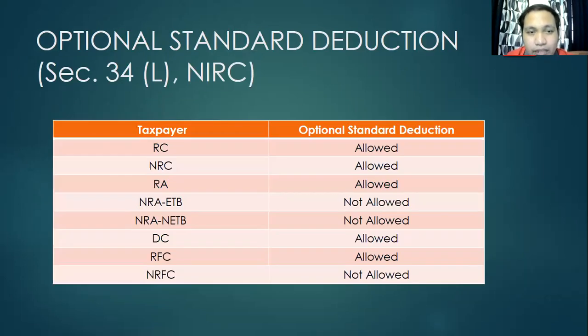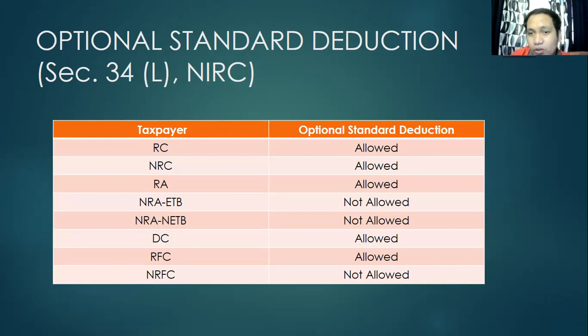So, ito yung summary, okay? For your reference. So, ito yung mga types of taxpayers. We have resident citizen, non-resident citizen, resident alien, non-resident alien engaged in trade or business, non-resident alien not engaged in trade or business, domestic corporation, resident foreign corporation, and non-resident foreign corporation.